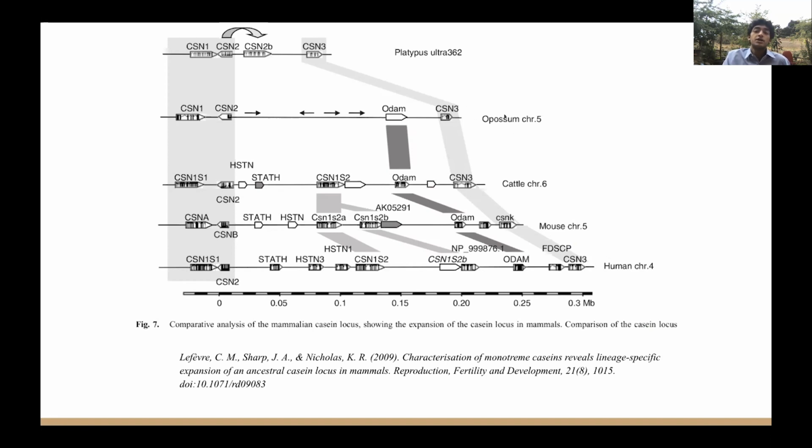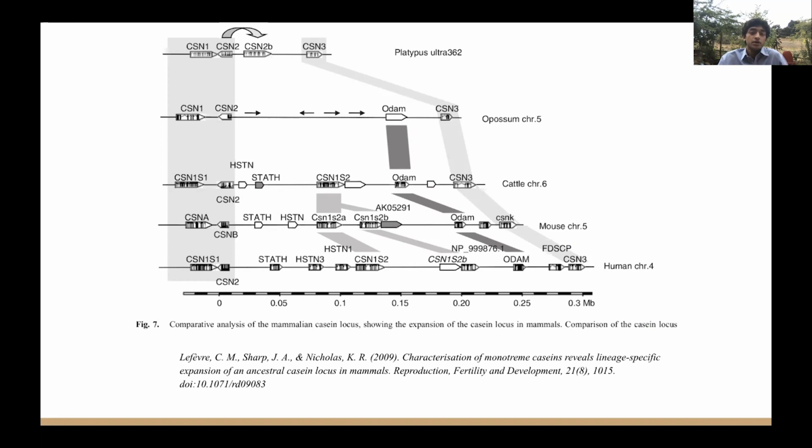However, a common ancestor for the possum, cattle, mouse, and human is responsible for adding ODAM. Keep this in the back of your mind, we're going to get back to this ODAM gene towards the end of our presentation as an interesting take on tooth development for us. But this is really what we want to recreate.